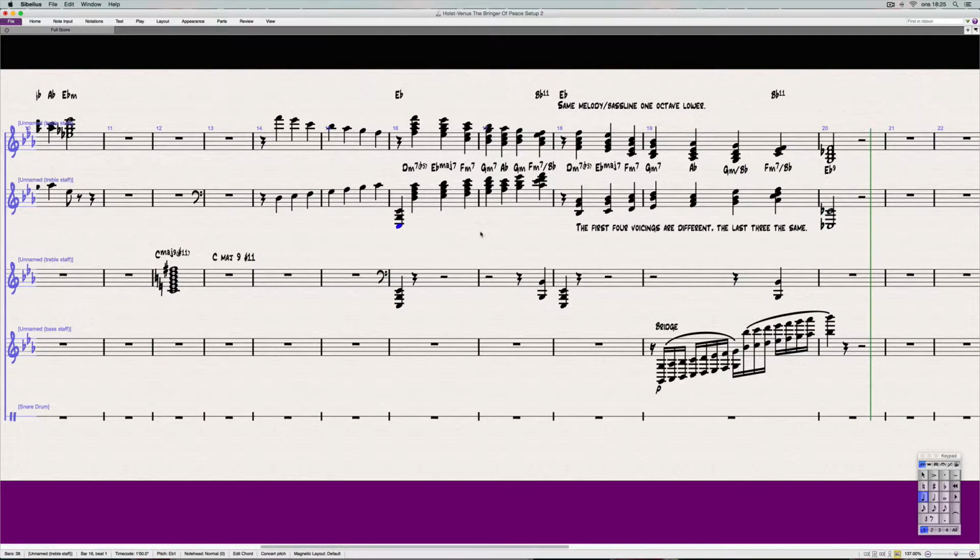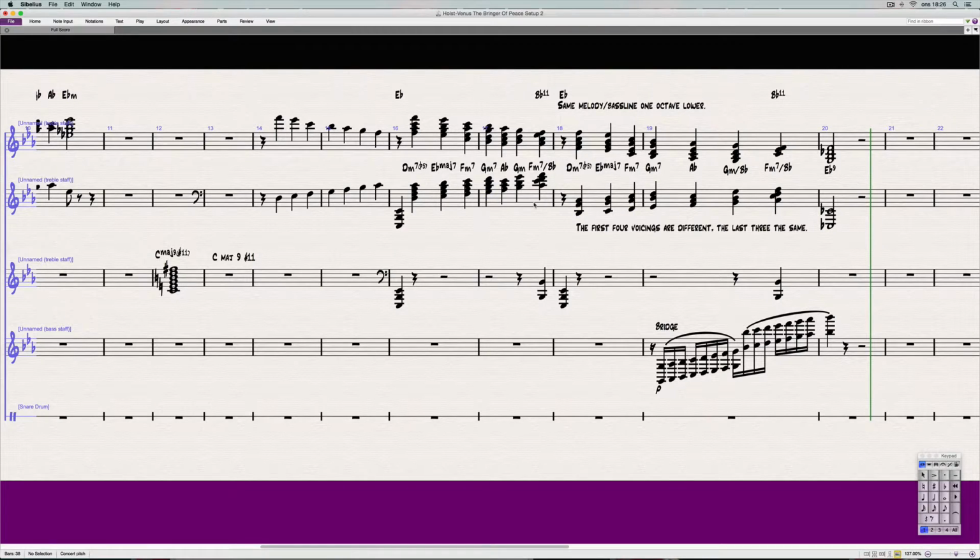Okay, so I've written some reminders here. So it's the same melody, bass line, this here. Exactly the same, just 1 octave lower. And here we have the bass line at first. So on, and then we have 1 octave lower here.